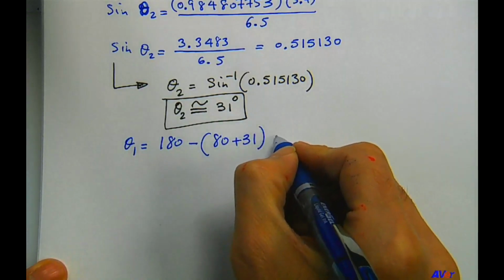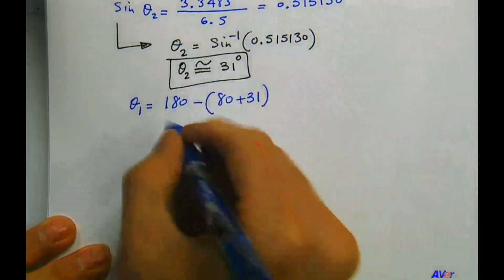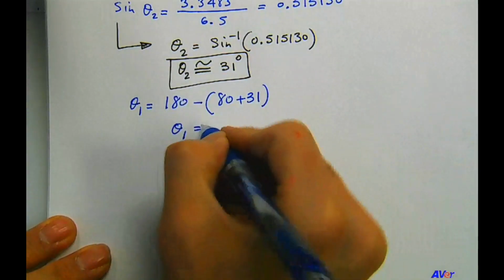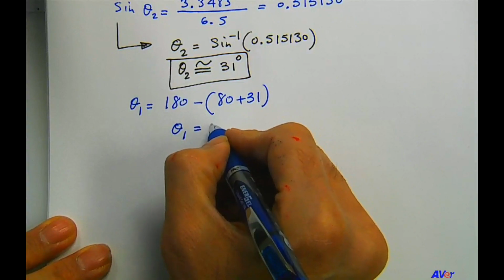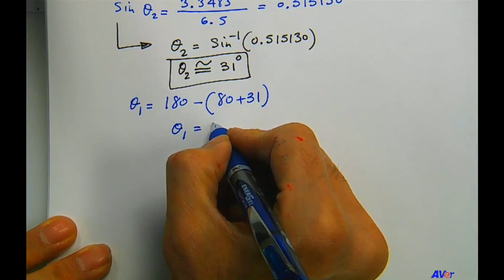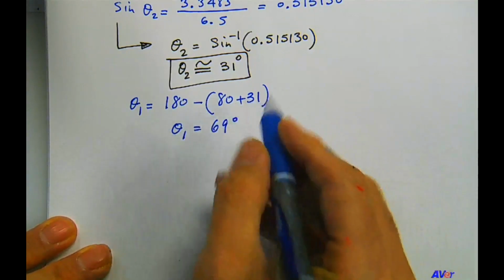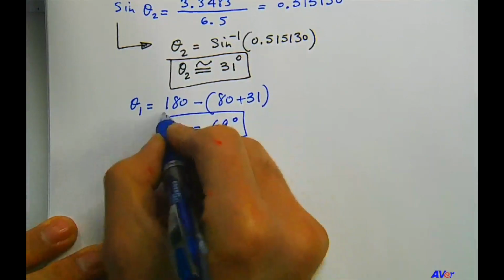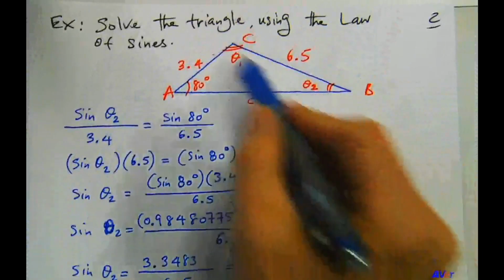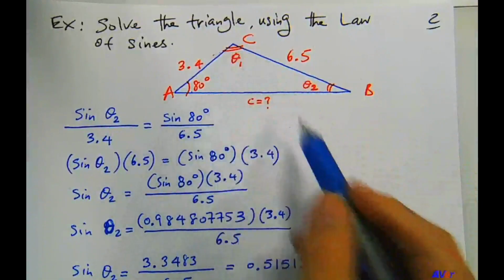And so we get theta 1 equals 69 degrees. So that's the second angle. We found theta 2, theta 1.